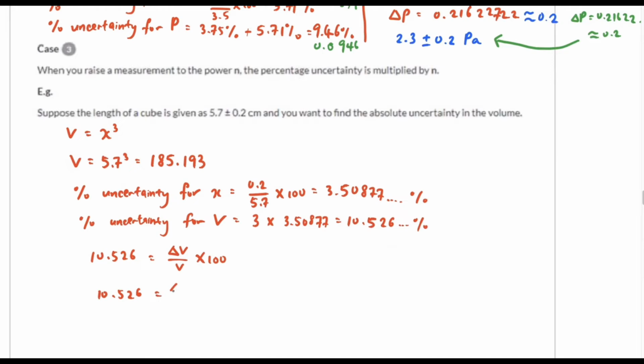10.526 equals delta V over V, where V is 185.193, from the second row.